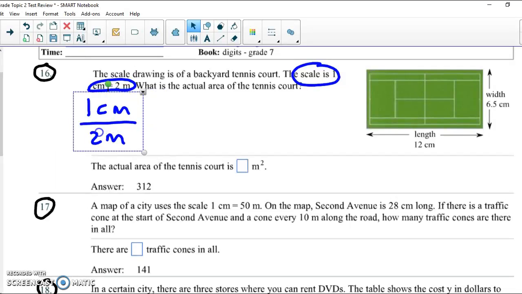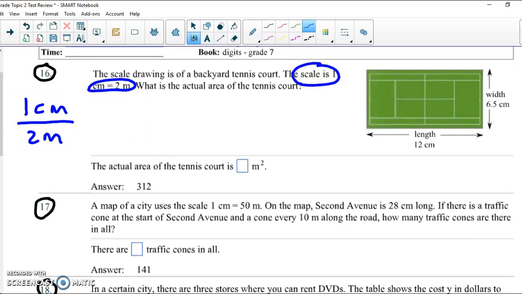So I am actually going to slide this over, give myself some more room. Let's start by finding our actual width. In the model or the scale drawing, the width of the tennis court is 6.5 centimeters. That goes in the top of my proportion because it matches up with centimeters in my scale.